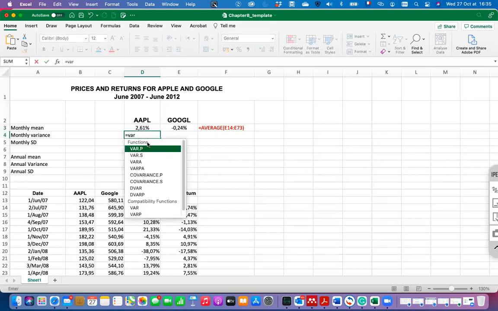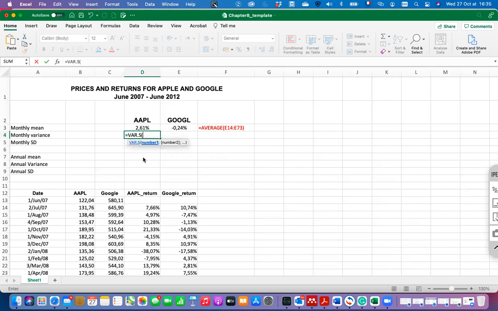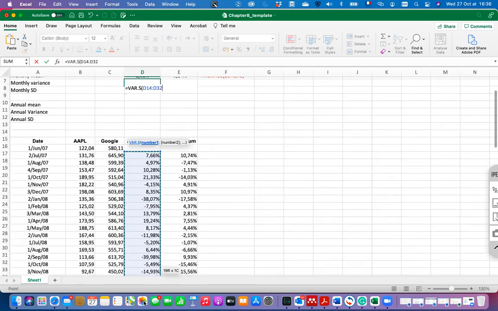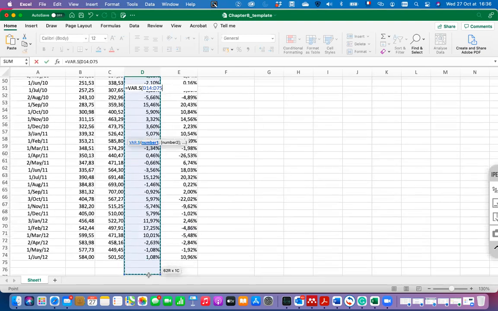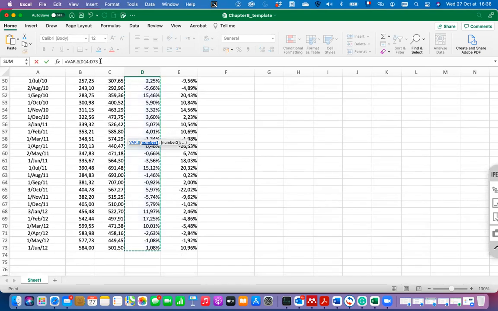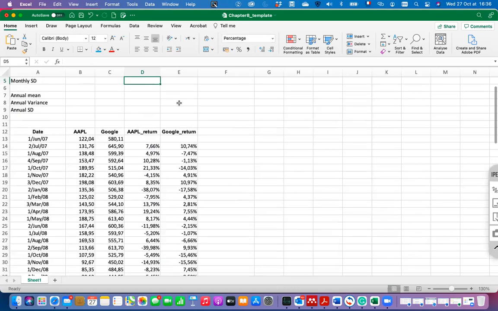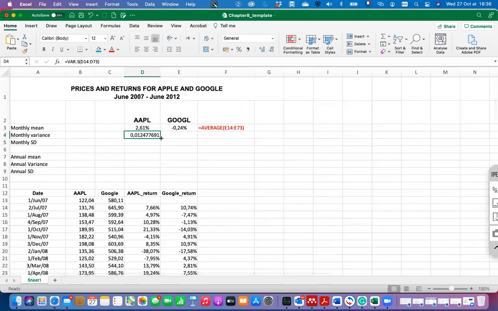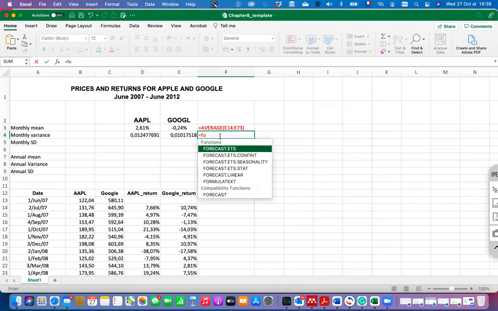See, we have VAR.P and VAR.S. P for population, S for sample. So we use sample. Same thing, we have to select the returns. And then scroll it down to the other side. Equal formula text.